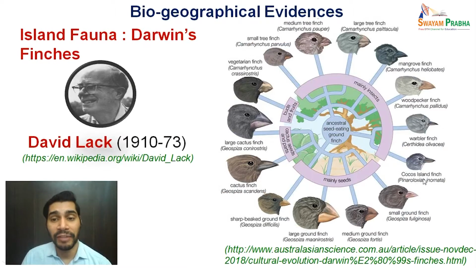You might be aware of the different forms of Darwin's finches which he explored on the Galapagos Islands. Lack said that they have evolved from a common ancestor which was a seed-eating ground finch, from which all the different forms, which might be insect-eating, cactus seed and parts eating, seed-eating, and fruit-eating forms have developed. So different beak types and sizes of these finches have evolved with time from this common ancestor. This is a very prominent example of evolution taking place in nature.